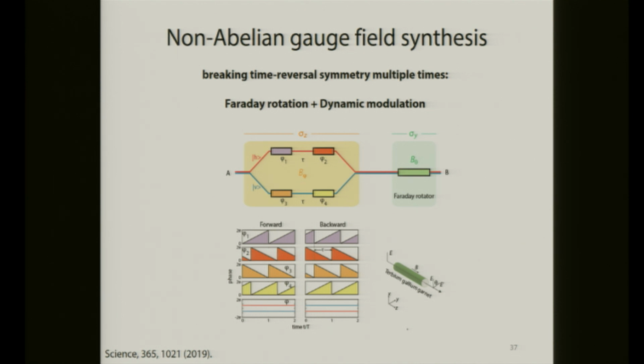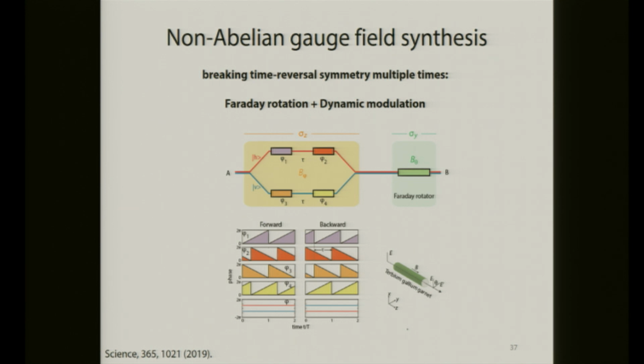So we choose to break time reversal symmetry with Faraday rotation as well as dynamic modulation. For Faraday rotation, it's a high school textbook matter that you can rotate your polarization non-reciprocally by applying a longitudinal magnetic field and using a magneto-optical material.